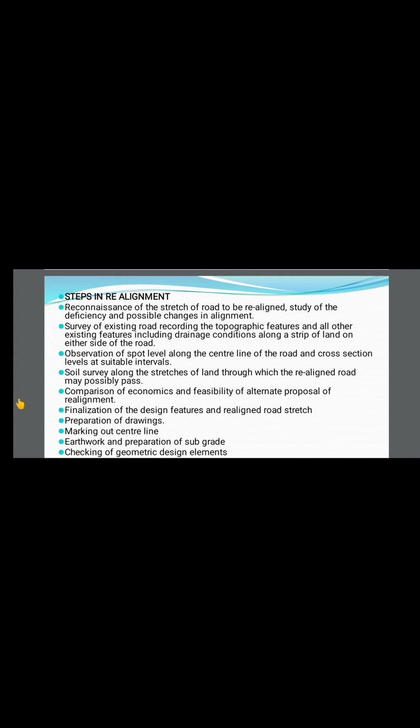They are checking the alignment of the road, the profile as well as the gradient of the road, so that the water should flow properly, and drainage should be provided properly on either side of the road.